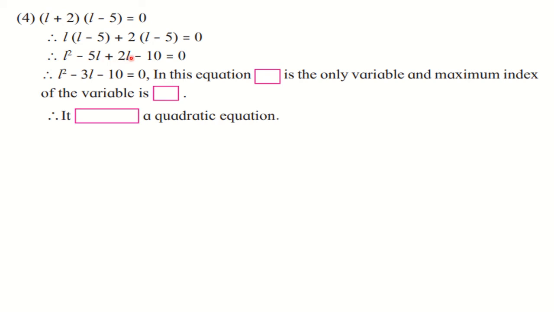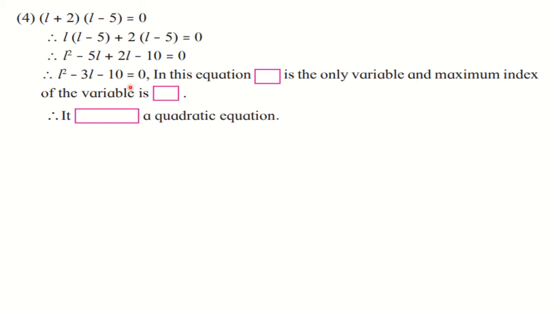Now here these two terms are like terms, so we can add or subtract them. When we add them, minus 5L plus 2L will give us minus 3L. While subtracting, we always write the sign of the bigger number. So the equation turned out to be L square minus 3L minus 10 is equal to 0.